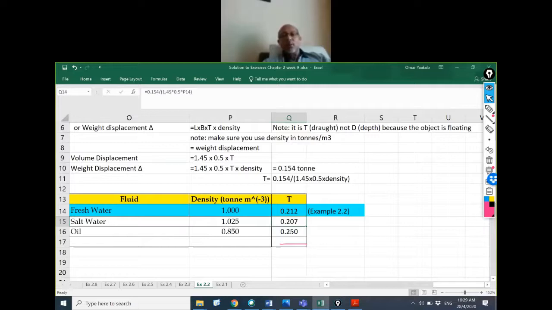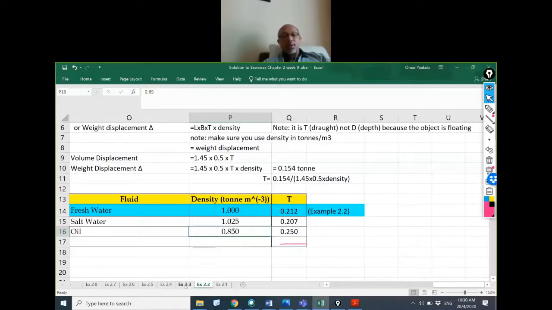It goes into oil, more draft. Why? Because in salt water the support is more because of the density, so you need less volume to get the same weight. That's why the draft is less in salt water. Whereas in oil, you need more volume. That's why the draft is more, because the density is small. So that's the concept that we want to see here.